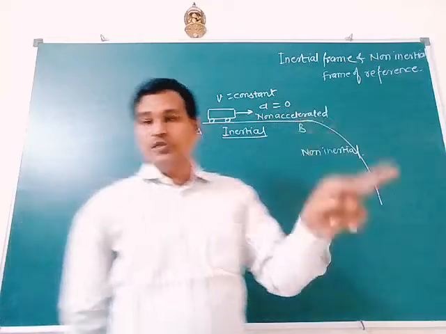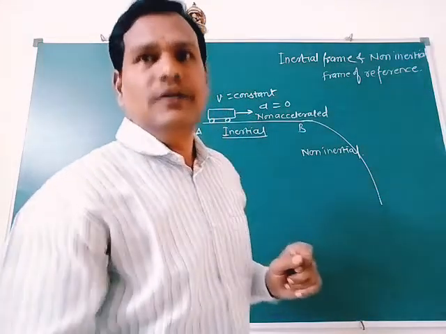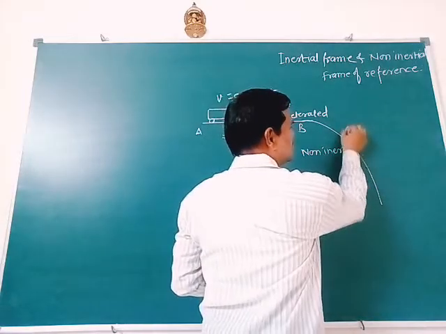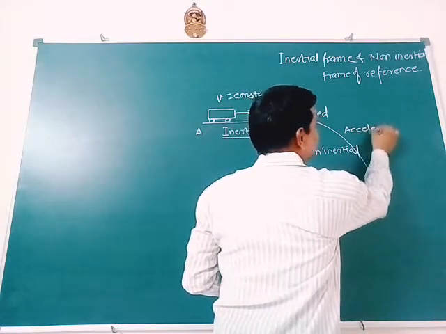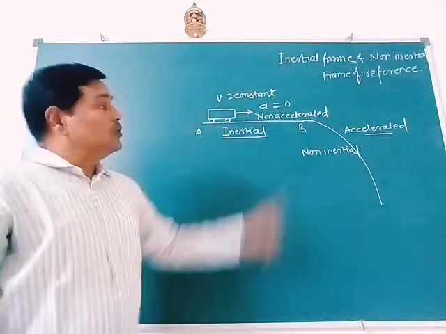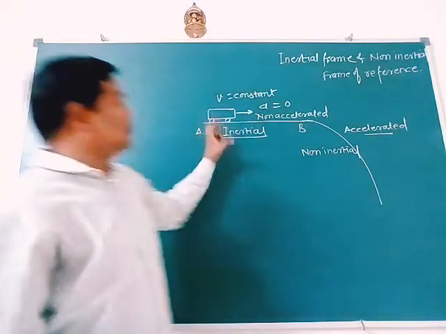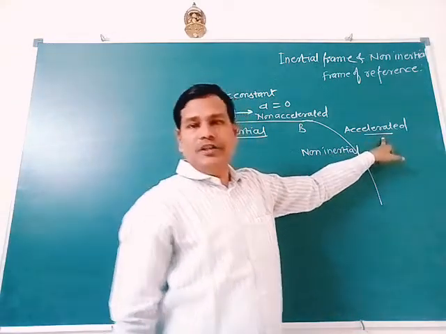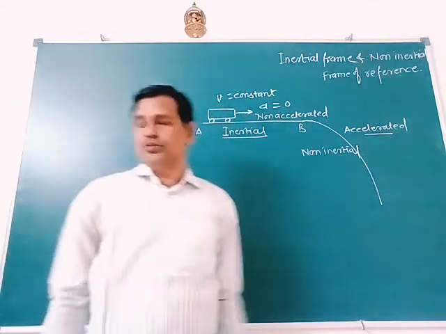So if its velocity changes, what happens? Yes, acceleration arises now. So here it becomes accelerated. Beyond point B, the same bus is said to be in accelerated motion or non-inertial motion.